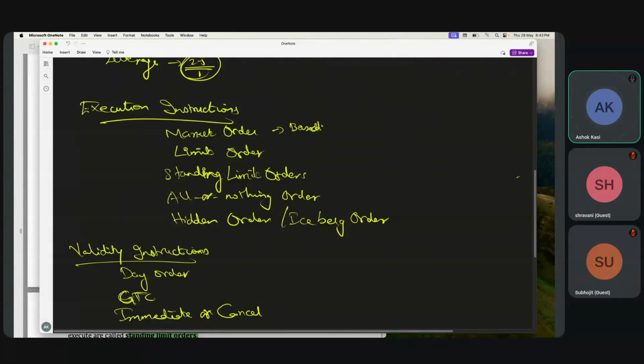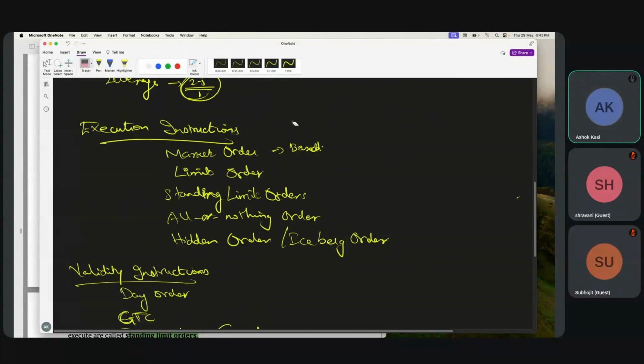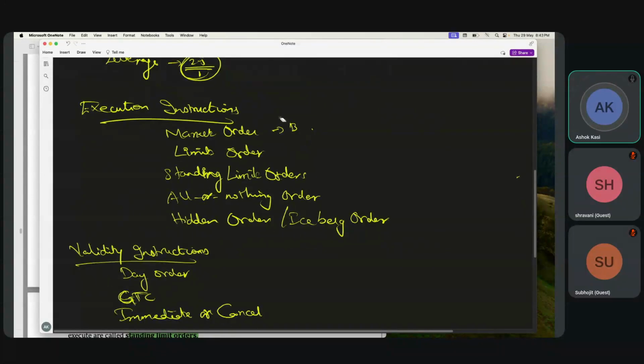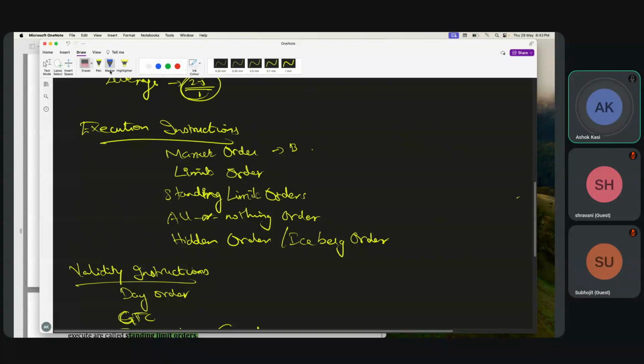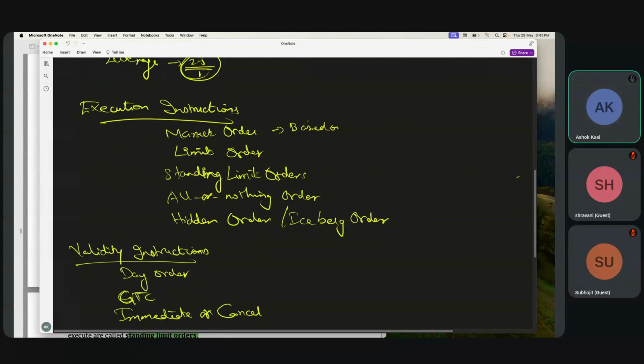Limit order is based on the price quoted.